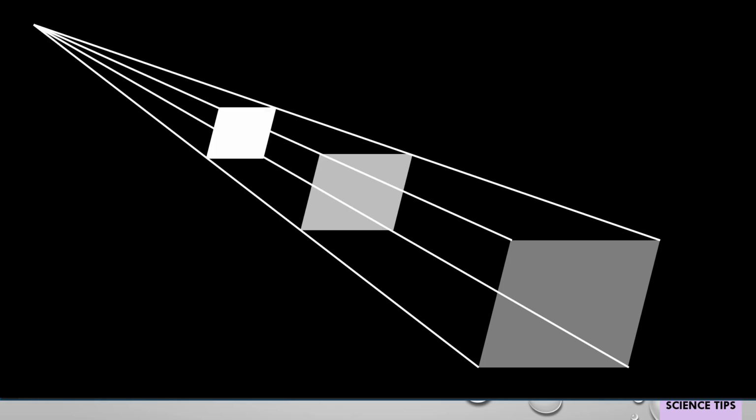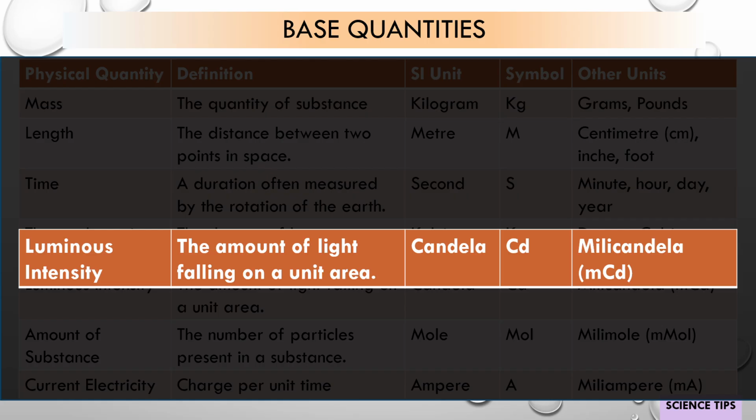It even becomes brighter when we move it even closer. So this confirms that luminous intensity is nothing else but the amount of light per unit area. So the smaller the area, the brighter the light, and vice versa. The other units include candela, millicandela, and all that.